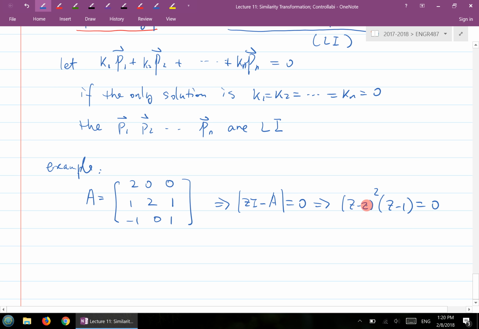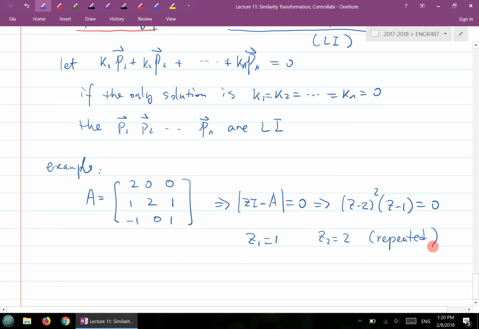What does this tell us? How many eigenvalues does this A matrix have? Three. There's z equal to 1 for sure, and there's another one, z equal to 2, but this one repeats twice.